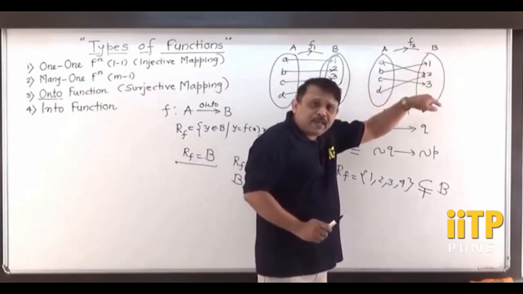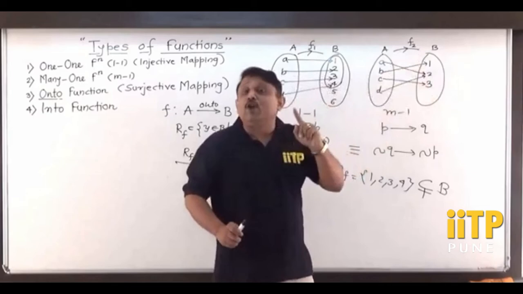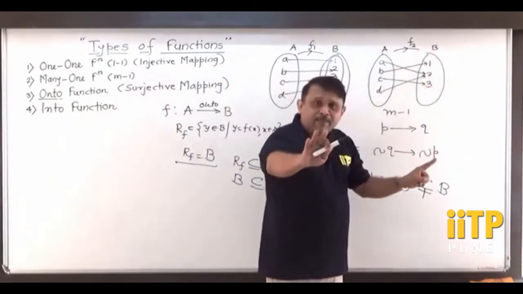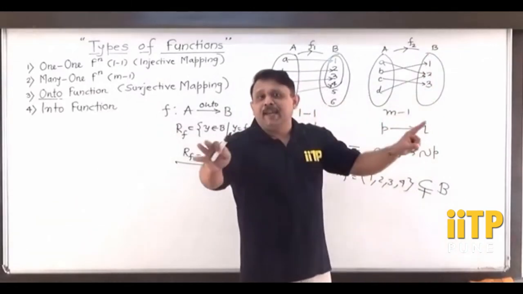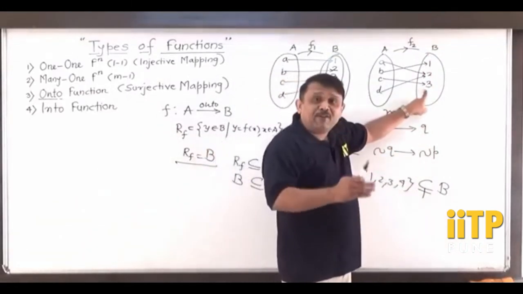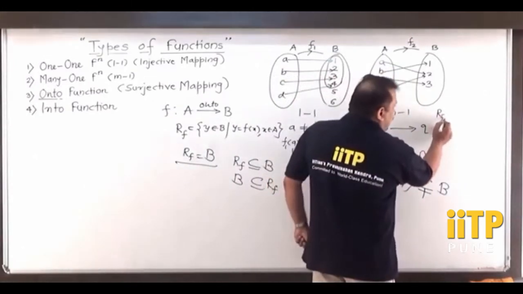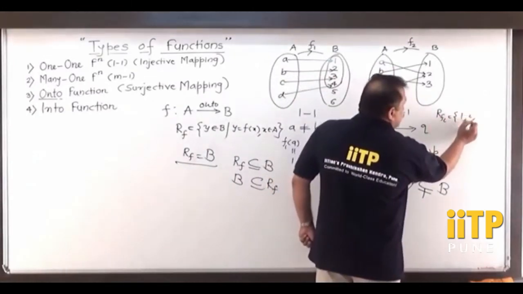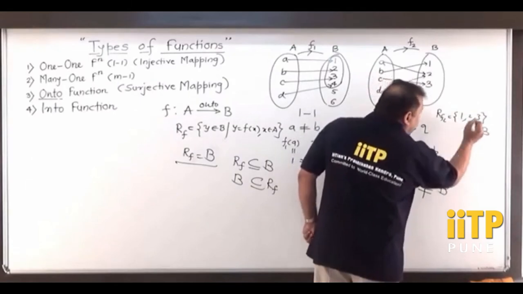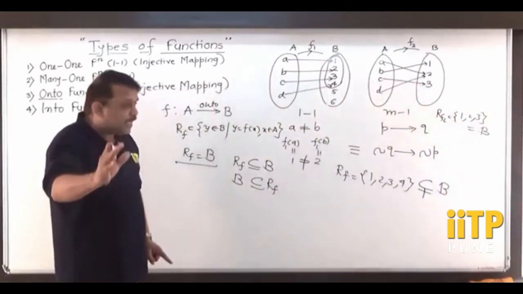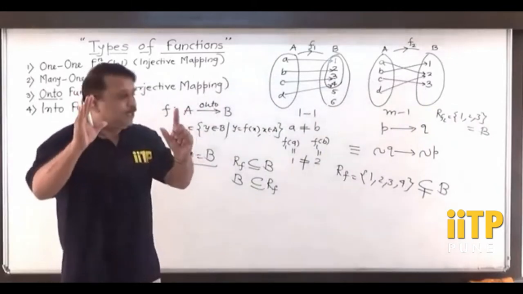Do you see any element in B which is not related? In the set B, 1, 2, 3, these are the 3 elements and every element is related. Therefore, if I form the range of this function RF2, it is 1, 2, 3, which is exactly equal to B. So whenever the range of the function and the codomain are the same, we say that the function is onto.